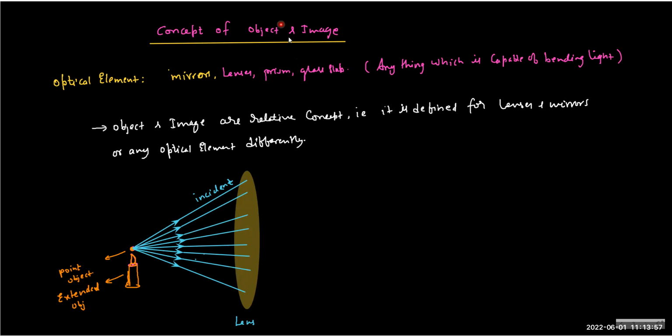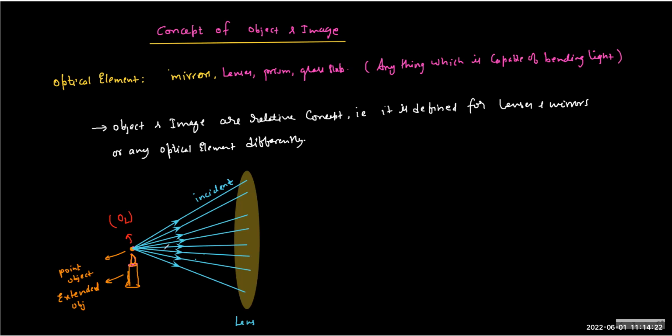So the object is defined by the incident ray, and what we say is that this is the object for the lens. So how do we get the object? The answer is by tracing back the incident ray. Understood? Now imagine a scenario, we'll come to that later on.